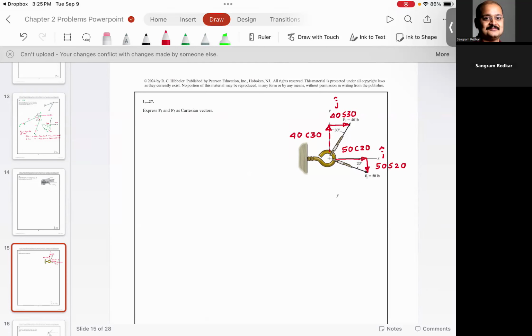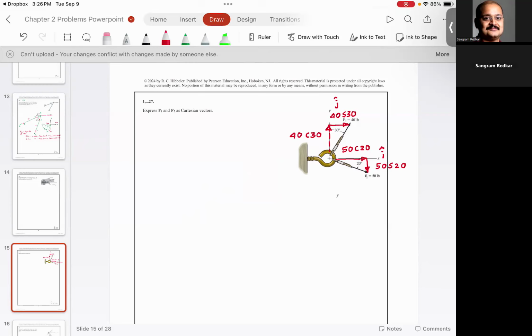Now please understand, 40 cosine 30 is the magnitude of the y component. 40 sine 30 is the magnitude of the x component. 50 cosine 20 is the magnitude of the x component, and 50 sine 20 is the magnitude in the y direction.